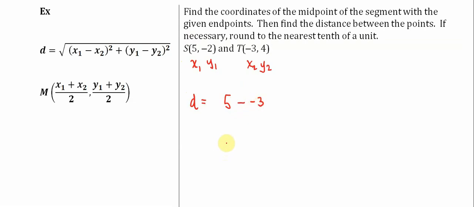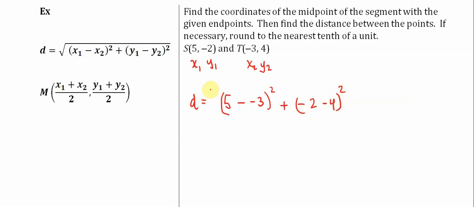That's one important detail: write this out nice and slow if you're going to use these formulas. That squared plus y1 minus y2, so -2 minus 4, quantity squared.